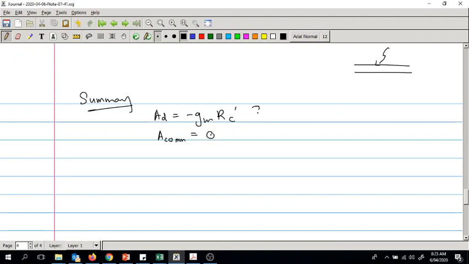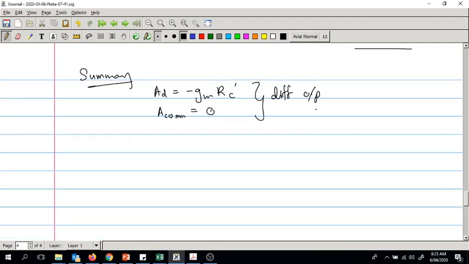So that's for the differential output, if you take the output as differential.